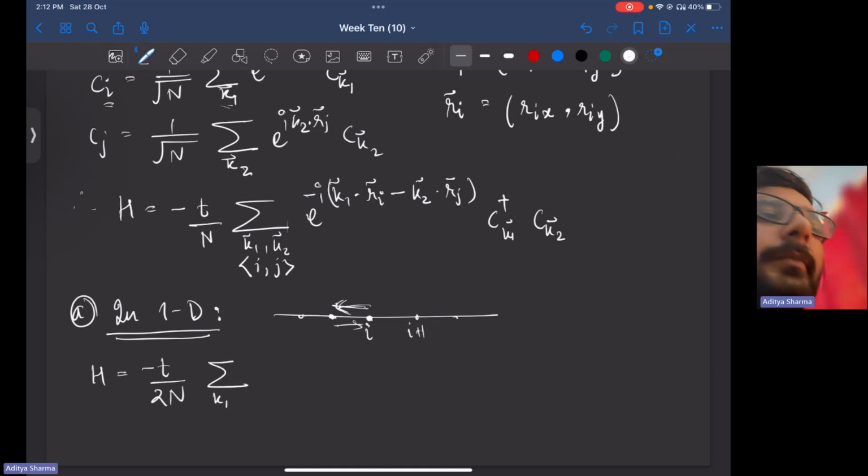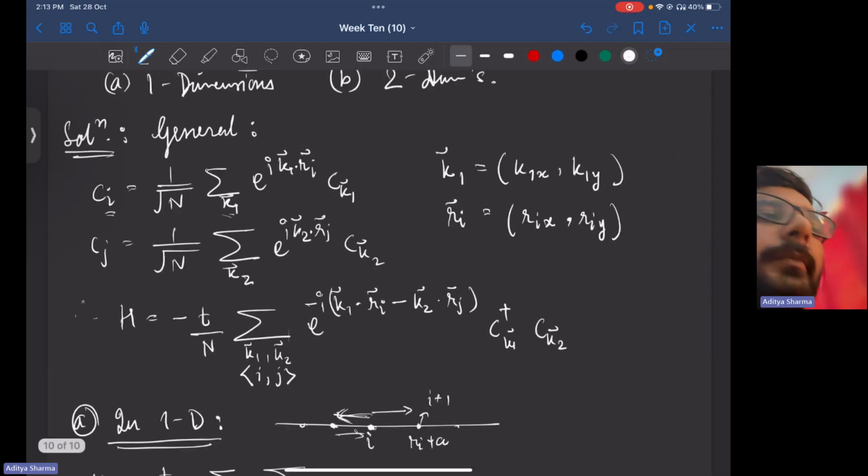Then you're going to have k1, k2, so you can drop the vector signs, and you're just going to have i, and the i plus 1th will be, I say i plus 1. So in terms of R, this is Ri, in terms of the distance, plus some distance a. In terms of the numbering of the position, this is i plus 1.